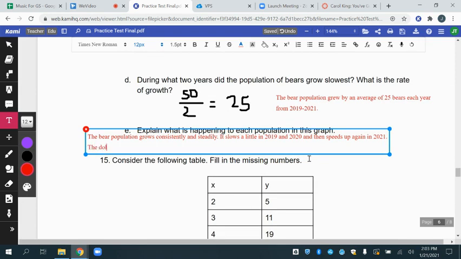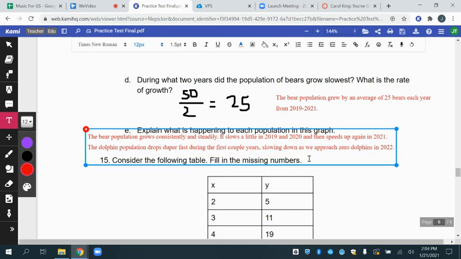The dolphin population drops super fast during the first couple years, slowing down as we approach 0 dolphins in 2022. All right, that's the dolphin population.